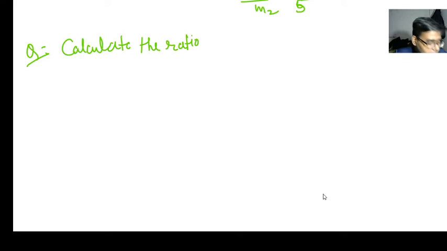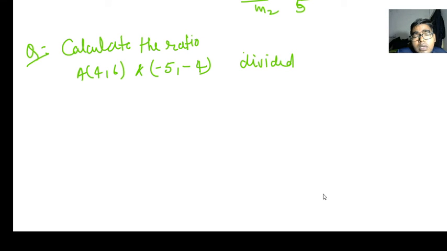The next question is: calculate the ratio in which the line joining the points A 4 comma 6 and B minus 5 comma minus 4 is divided by y equals 3, right?